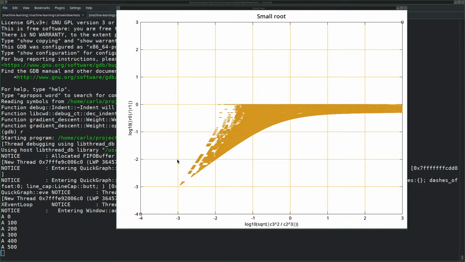I want to reproduce the boundaries of this area. This boundary is very clear. This boundary must be detectable somehow.